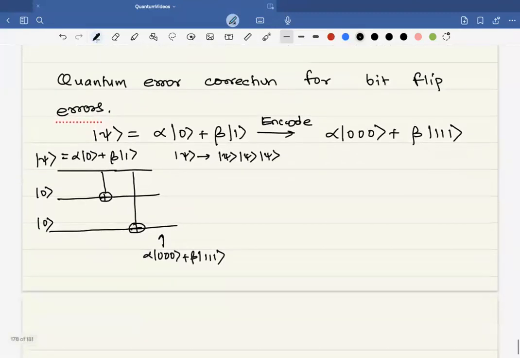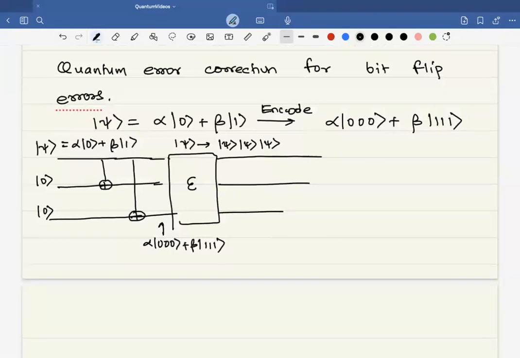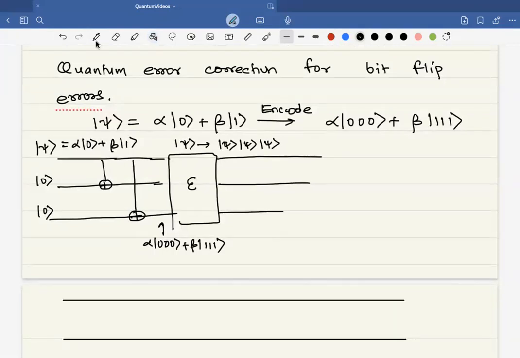And then let's assume that we have some channel that produces one bit flip error at most. So this is a channel that produces a bit flip error. And just like in the classical case, we are going to be having a syndrome detection. So we are going to have two wires over here at the bottom, which are ancilla wires. So let me draw some ancilla wires.